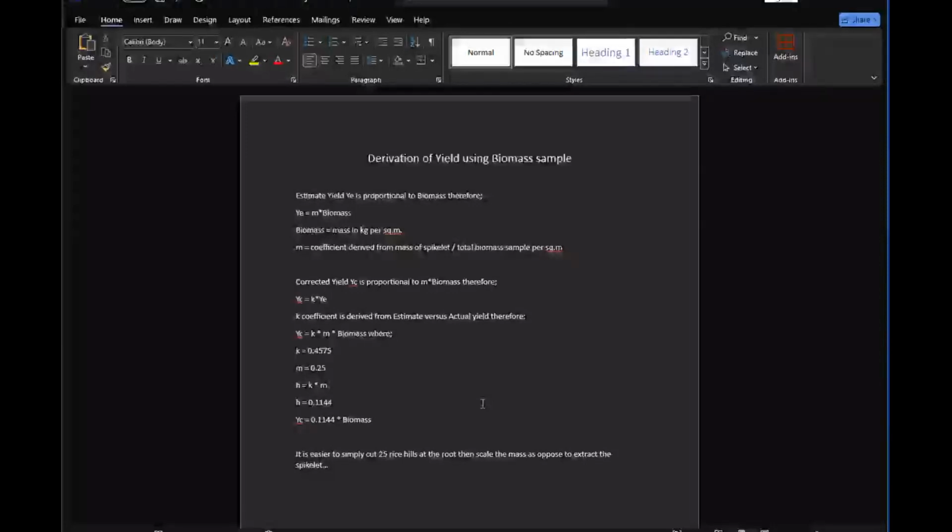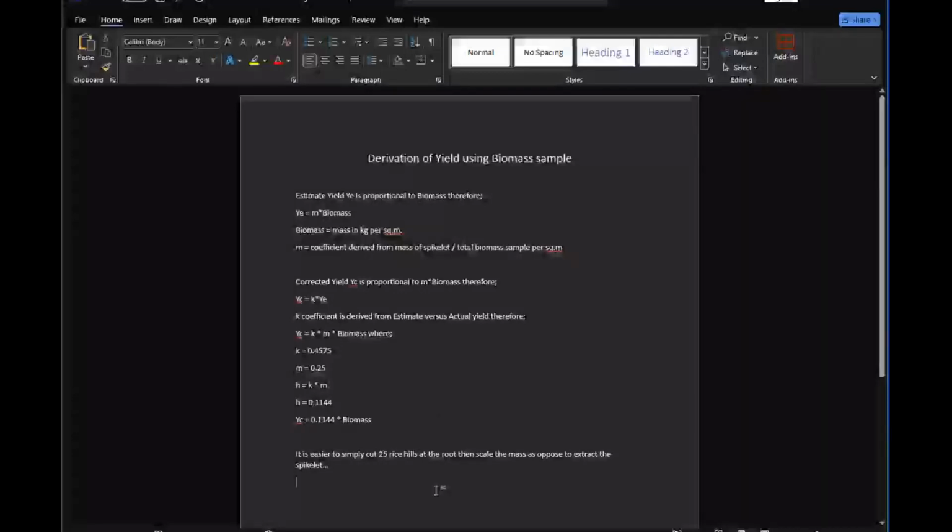So anyway, moving forward, this is a new equation, y equals 0.1144 times biomass. The sample biomass is 1 square meter or 25 hills. That's all you need to do.